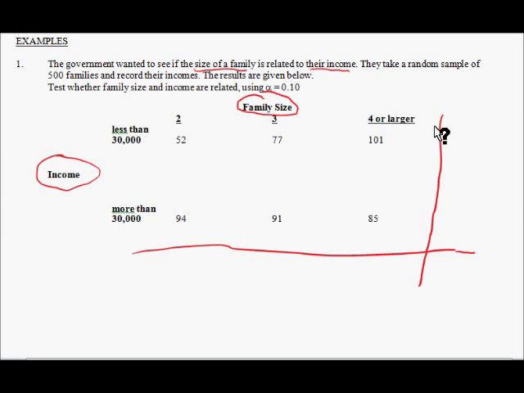So what I need to do first is get my totals. Since these are the rows, this is the first row, second row, over here I'm going to have my row totals. And over here, these are columns, so I'll have column totals.